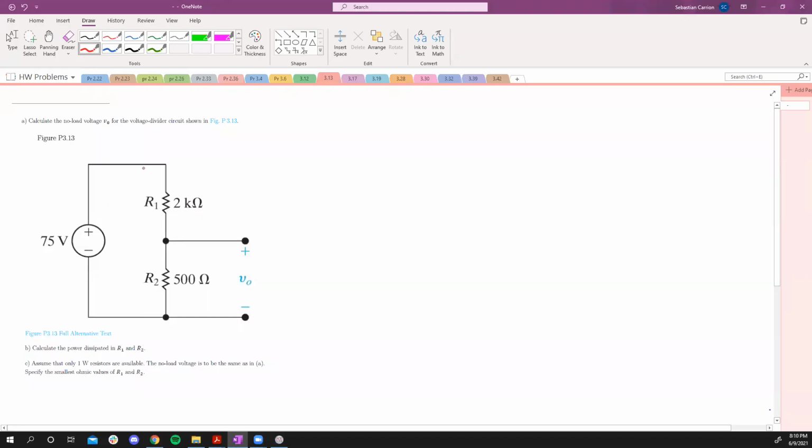All right, so problem 3.13 says calculate no load voltage V naught. So yeah, let's get started with that first. I'm gonna do mesh.